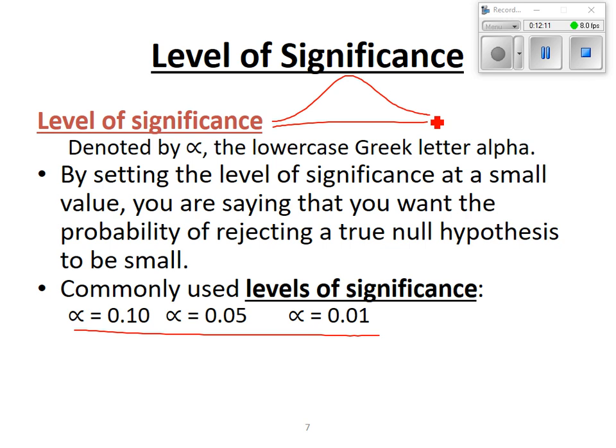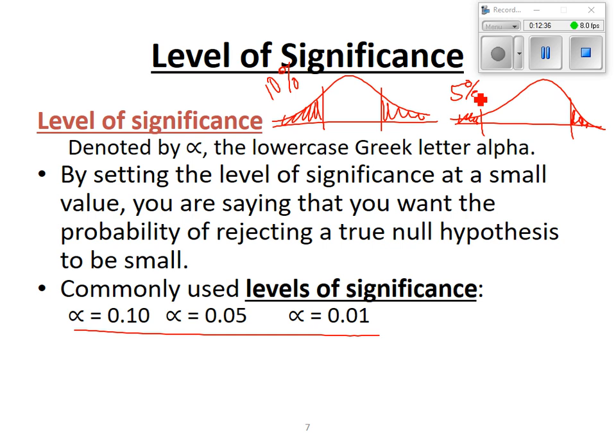This would be like a 10%, maybe something like this. 5% would be something more like this. And then a 1% would be even smaller areas out there.